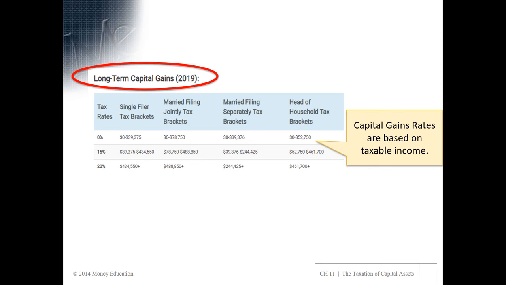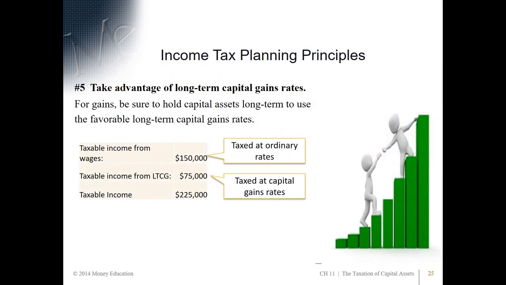And so you can see that the tax rates are much, much lower than on ordinary income. So long-term capital gains get taxed at a much lower rate. So income tax planning principle: take advantage of long-term capital gains rates. For gains, be sure to hold the capital assets long-term to use the favorable long-term capital gains rate.